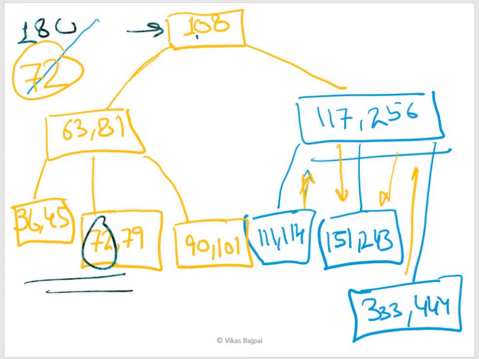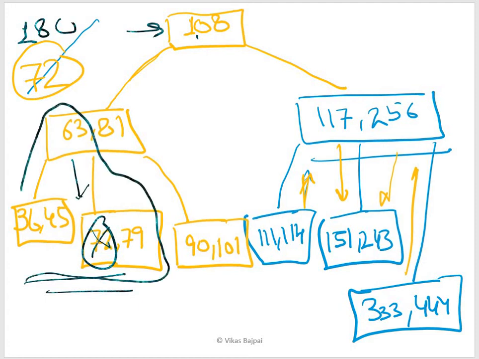I don't have any extra nodes on this. In that case, I have realized, if I'm deleting it, I can bring this down and I can merge it. Then what will happen is, this 81 becomes alone, right? So for that sake, I have to do further merging as well.